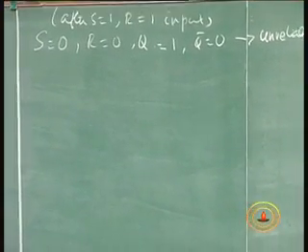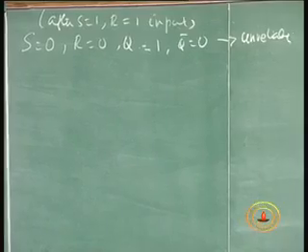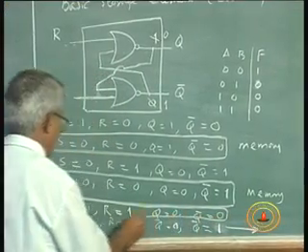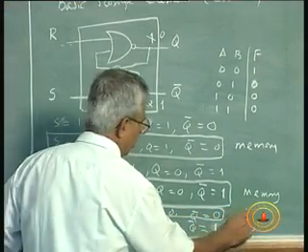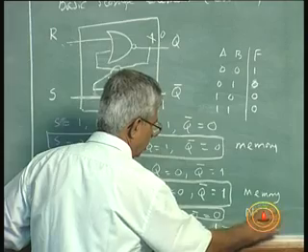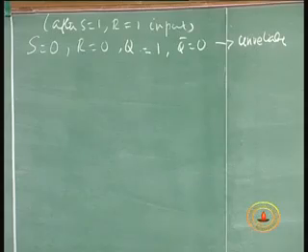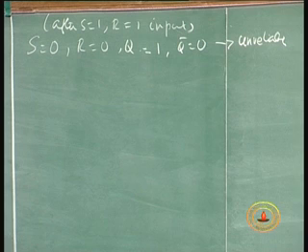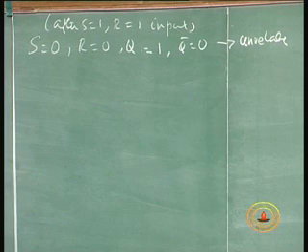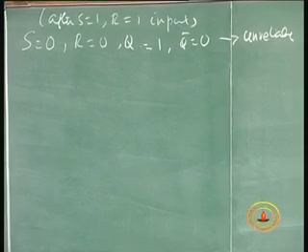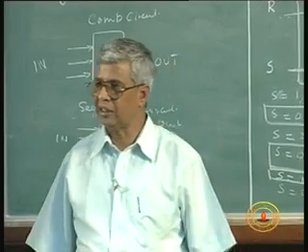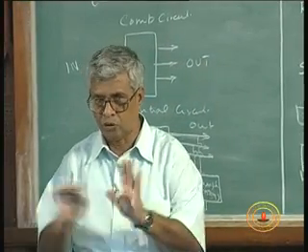So, this combination of S is equal to 1, R is equal to 1, I have no use for this. Since I have no use for it, I will not use it. That combination is not used at all, never used.